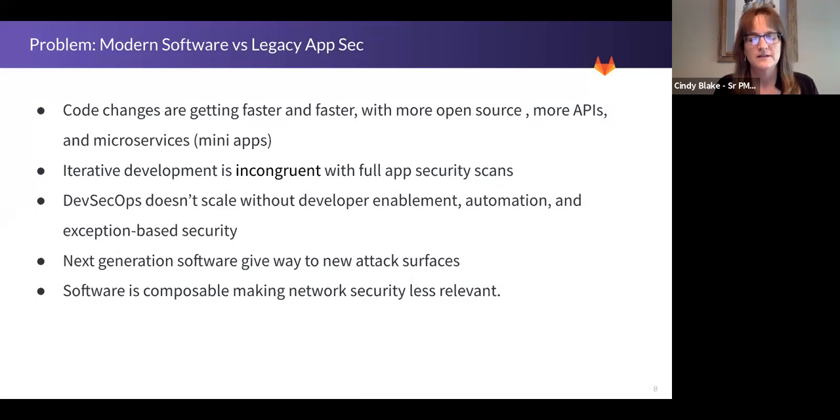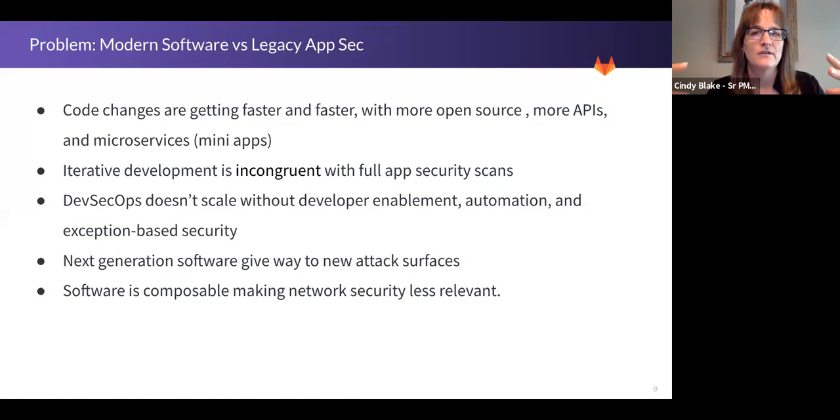If you think about it, you're disassociating the application from its hardware. So by containerizing an application, I can take that container and run it anywhere I want. I can run it in the cloud, I can run it on-prem, I can run it on my laptop. And so network security, which assumes that there's a perimeter to defend, really becomes much more irrelevant.